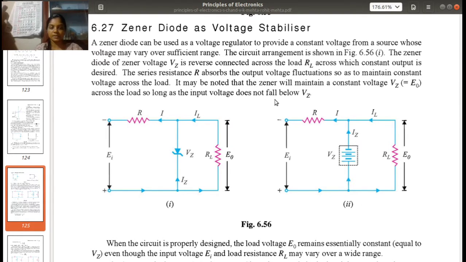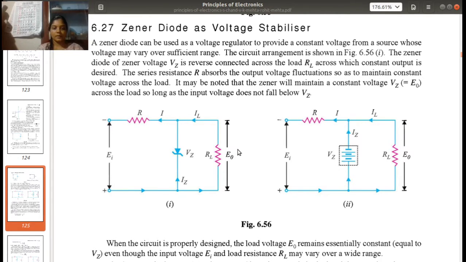So the fluctuations in the output voltage can be maintained constant by the Zener diode, and such a circuit is known as a stabilization circuit or stabilizer.